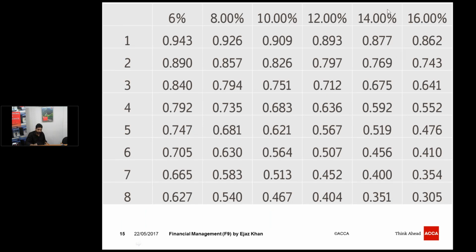It will have columns. Column wise, you will be given the rates, and row wise, you will be given the number of years.